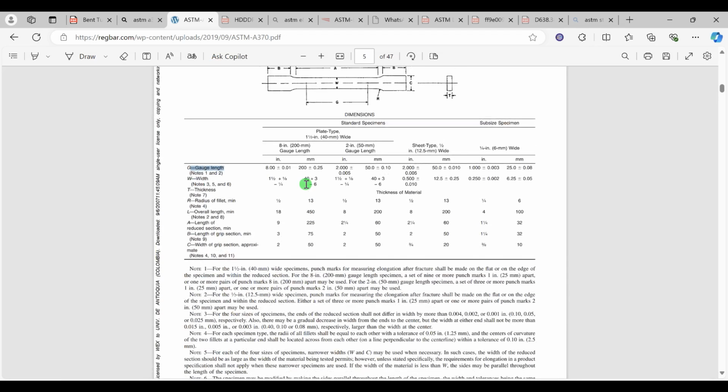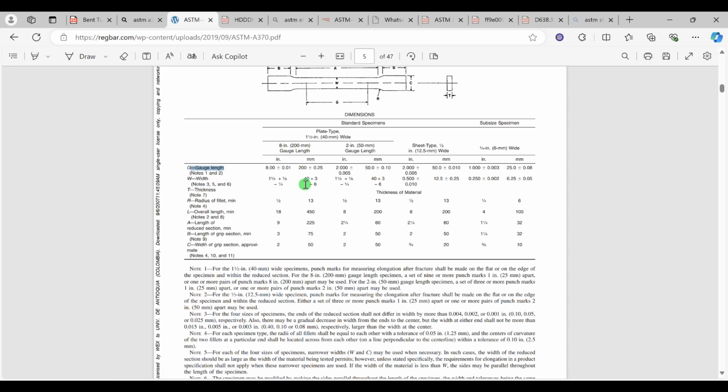For the test speed, it depends on your task and your test. It can vary, because it depends on the strain rate. For each test you should consider your strain rate, and then you can find the crosshead speed of the machine.